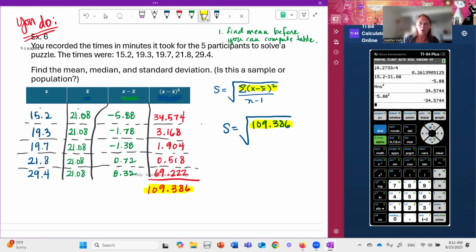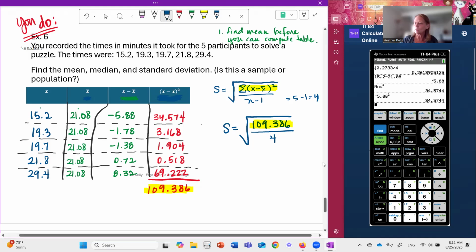That's how it all matches in. Divided by, and our n was 5, so this would be 5 minus 1 equals 4, so over 4. Then we're going to do the same thing here. We're going to go second square root 109.386 divided by 4. Get out of there and enter.